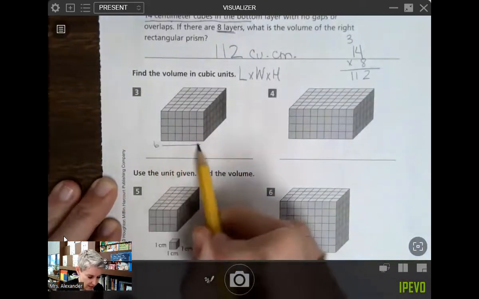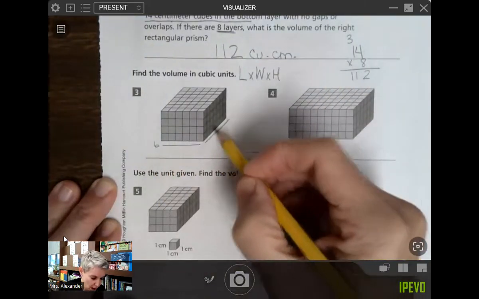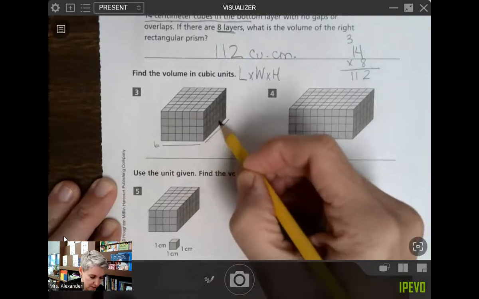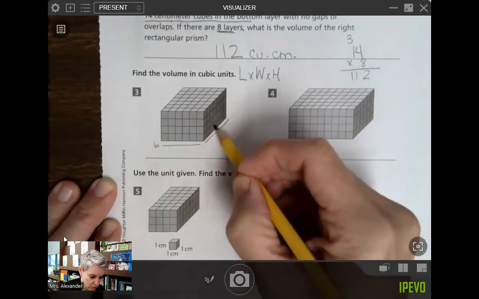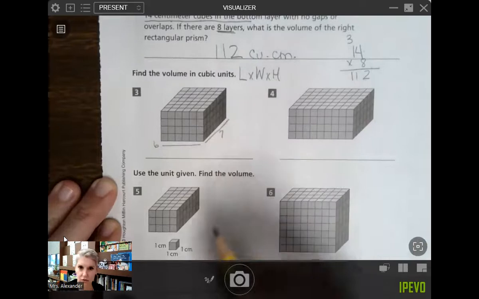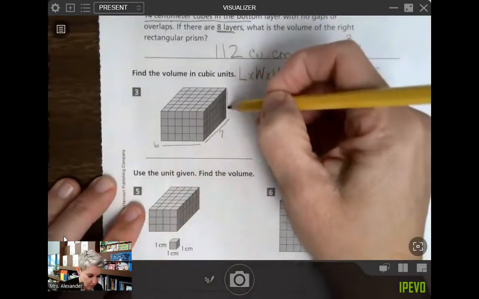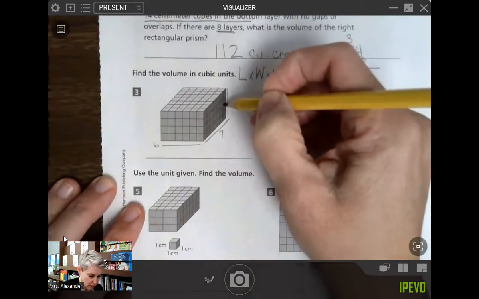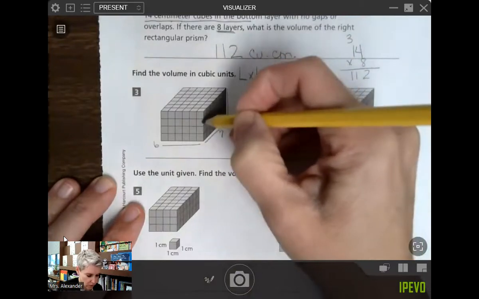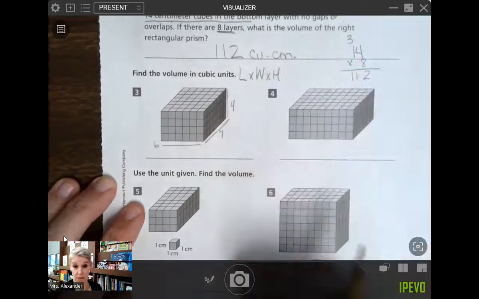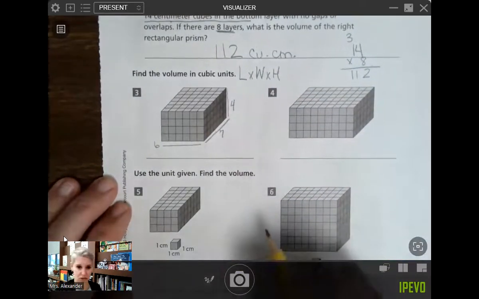So here's the length. How many wide? 1, 2, 3, 4, 5, 6, 7. My eyes went a little tricky there, so I wanted to double check. How high is it? 1, 2, 3, 4. Ooh, my eyes don't like looking at it in the darker shade.